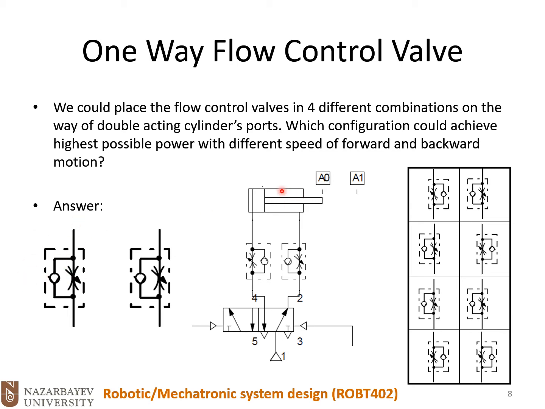We have full pressure on this chamber. However, the air on the low pressure chamber wants to be exhausted, and it has to go through this valve, but it will go through the throttle. That will reduce the speed of the piston.